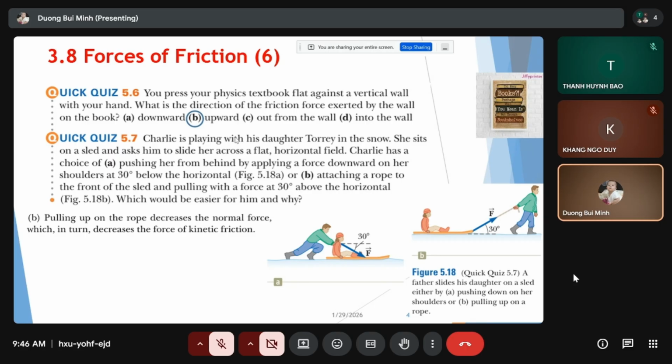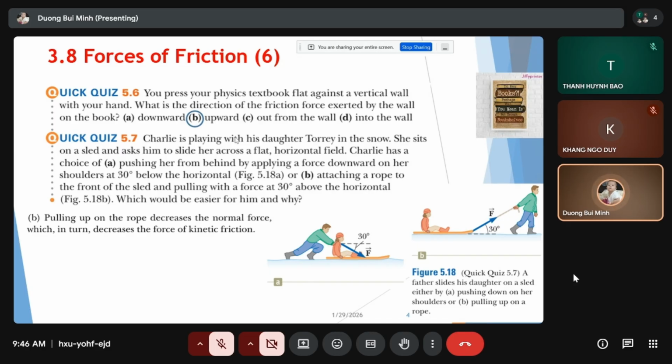Pulling off on the rope, the reason is the normal force. I demonstrated it here. You understand? So when we decrease the normal force, we decrease the force of kinetic friction.